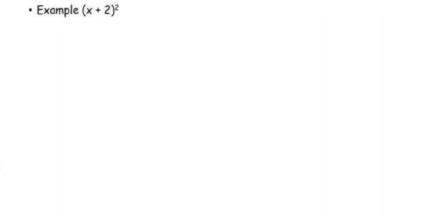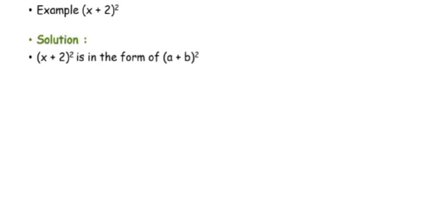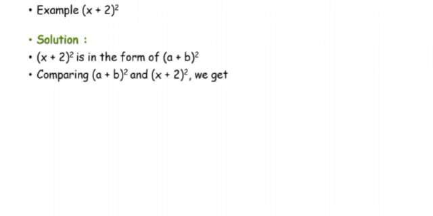Let us take an example of the first identity. Suppose I want to expand (x + 2)². So I just keep a watch on the sign in between. The sign is plus. That means I'm going to use the first identity. Because it is in the form of (a + b)², I will compare both the question and the formula. So I get that in place of a I have an x and in place of b I have a 2.